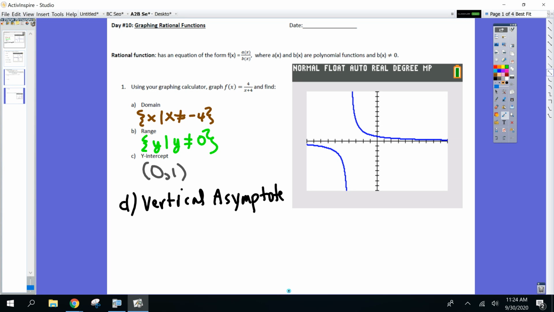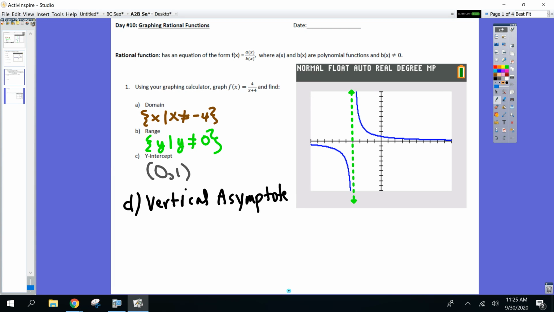So, you're telling me there's a relationship here between two of these. The vertical asymptote and the domain. Yeah, here's the line right here, kids. And the equation of that line is x equals, because any vertical line is always x equals where? -4. That's the line for the vertical asymptote.